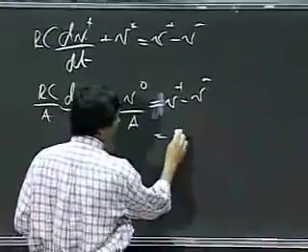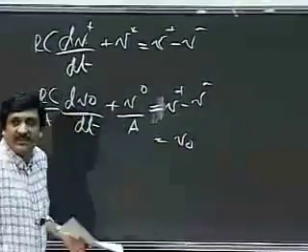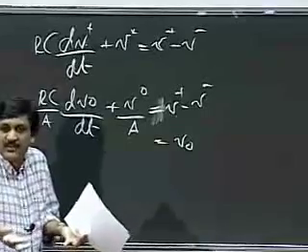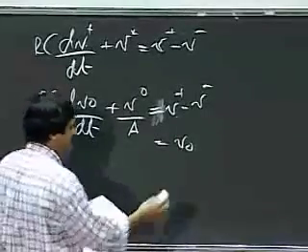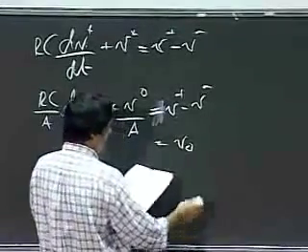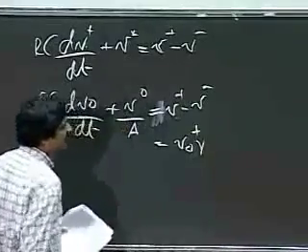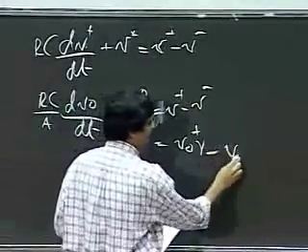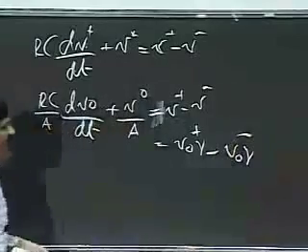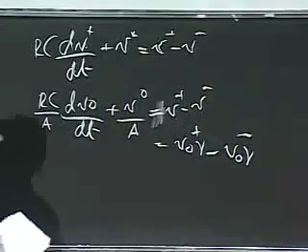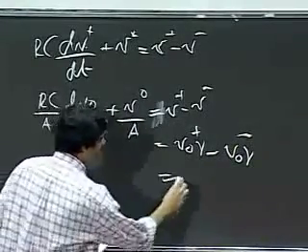So effectively, V plus is some fraction of V naught. That's the best intuitive way of thinking about it. And V minus is some fraction of V naught as well.